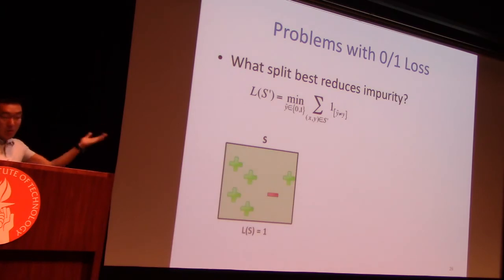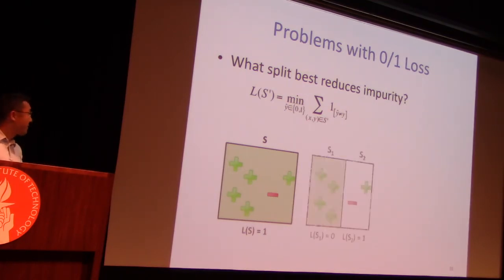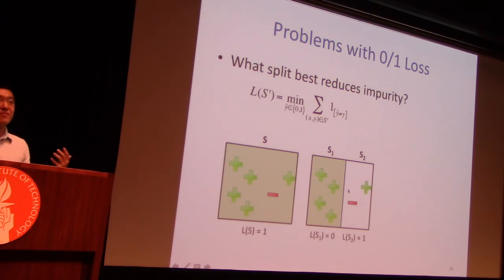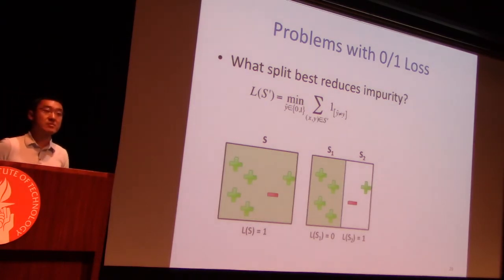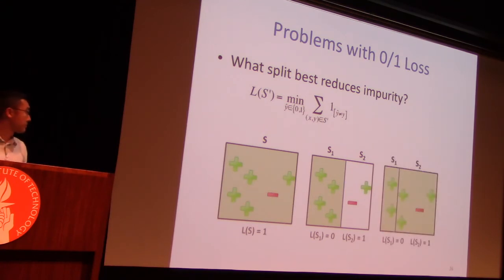So what's the problem with 0-1 loss? Here's an example. This example is not linearly separable. And so what happens is, no single split of the data moves the impurity from 1 to 0, or will decrease the impurity, if you measure impurity as 0-1 loss.